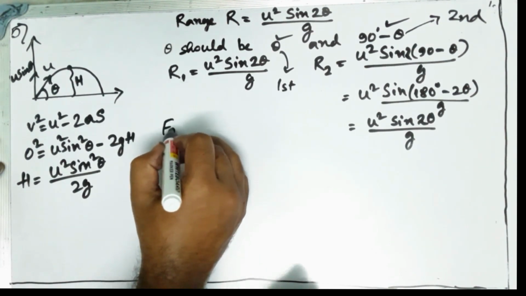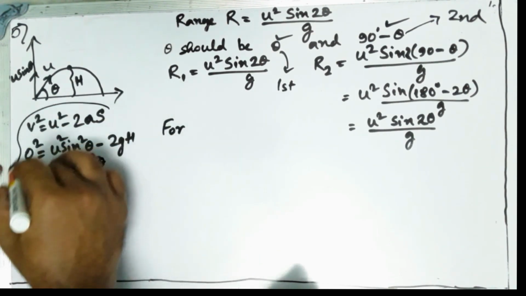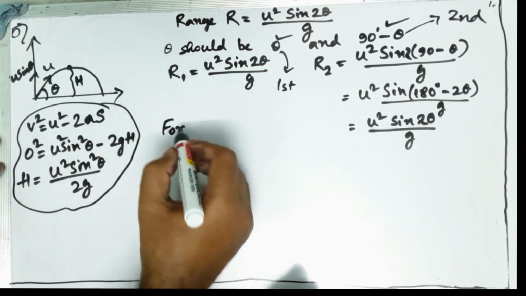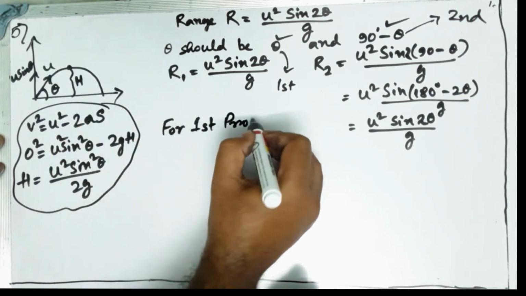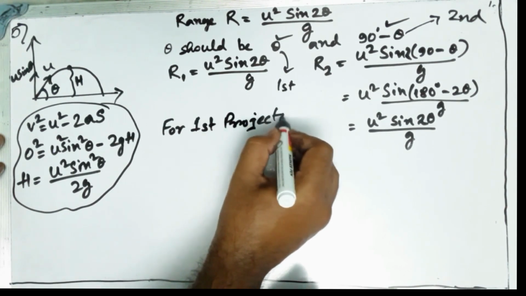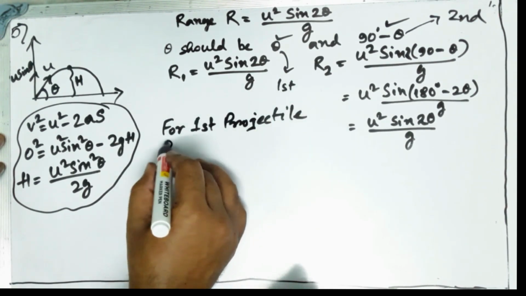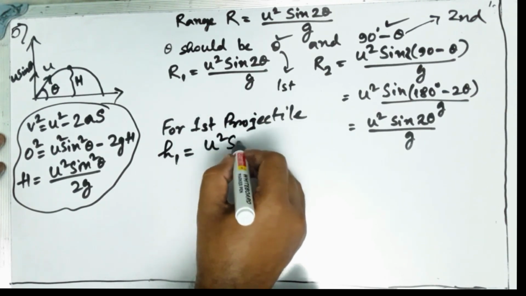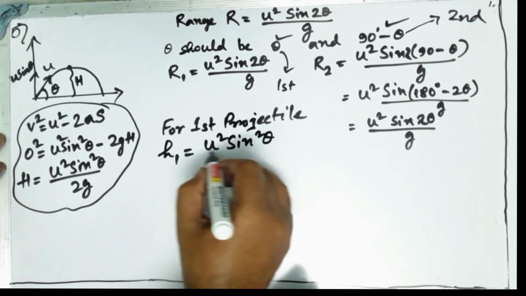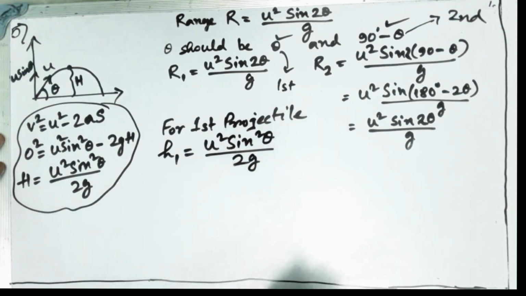So we use this formula. For the first projectile, the maximum height h1 gives us u square sine square theta by 2g.